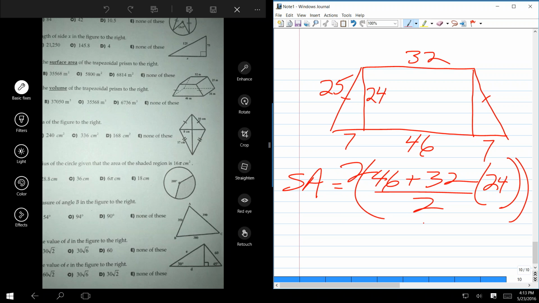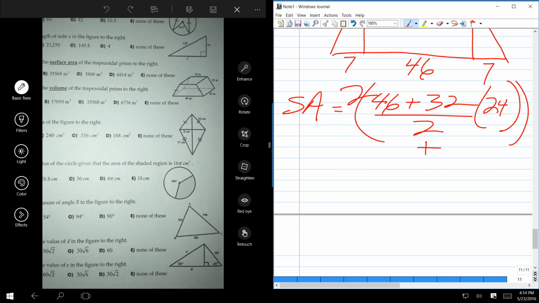Okay. Plus what? That handles the trapezoidal faces. What else do we have? These are rectangles. Which one? Actually, everything left is a rectangle.